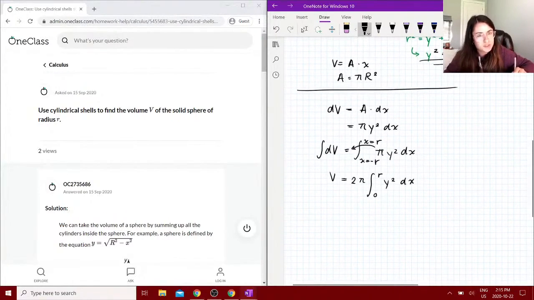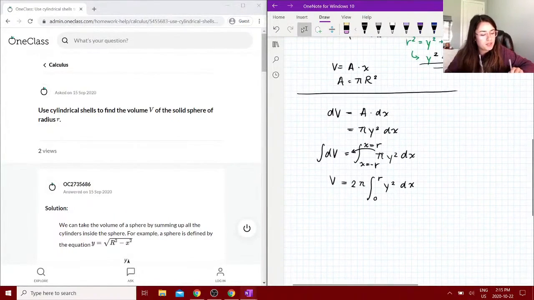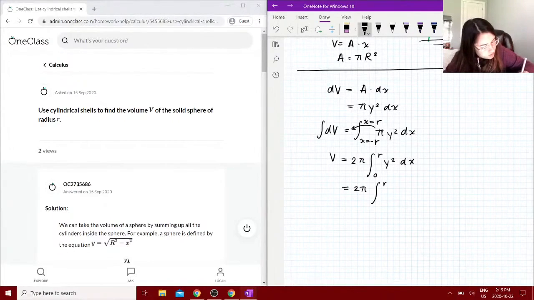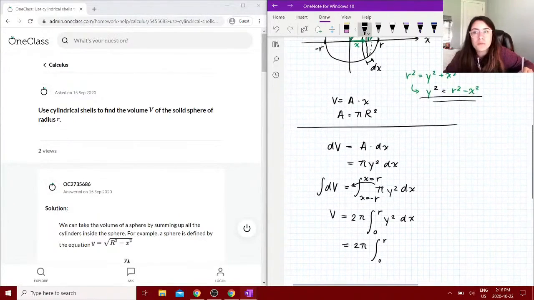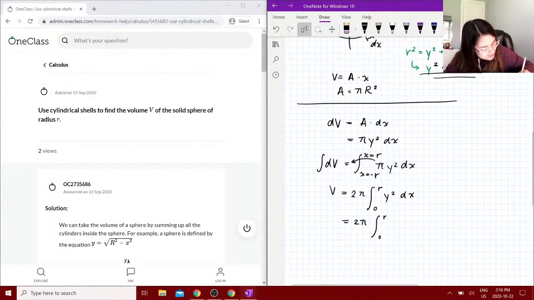So we're just going to substitute that into our equation so that we can evaluate this in regards to x. Okay? So 2 pi times the integral from r to 0, and then replacing this y squared with what we came up with up here. Hopefully I'm not blocking that. So, r squared minus x squared dx.